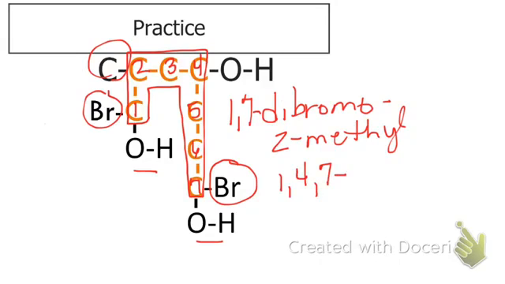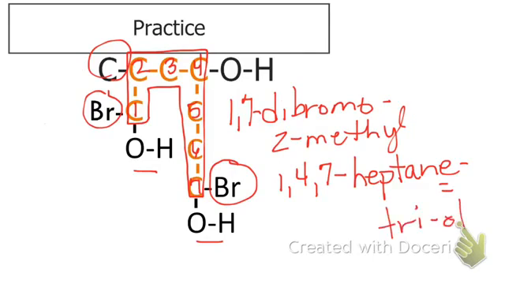It is a 7-carbon compound, so it's hept chain, and it's single bond, so it's A-N-E. Am I going to keep that E or get rid of that E? Well, there's more than one alcohol, so I'm going to leave this E right here. And there are 3 alcohols, so that's going to be tri, and we said it's got to end in all.